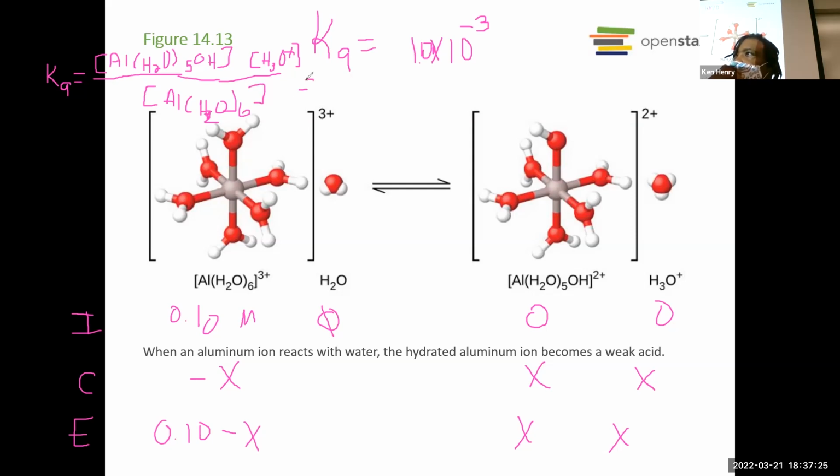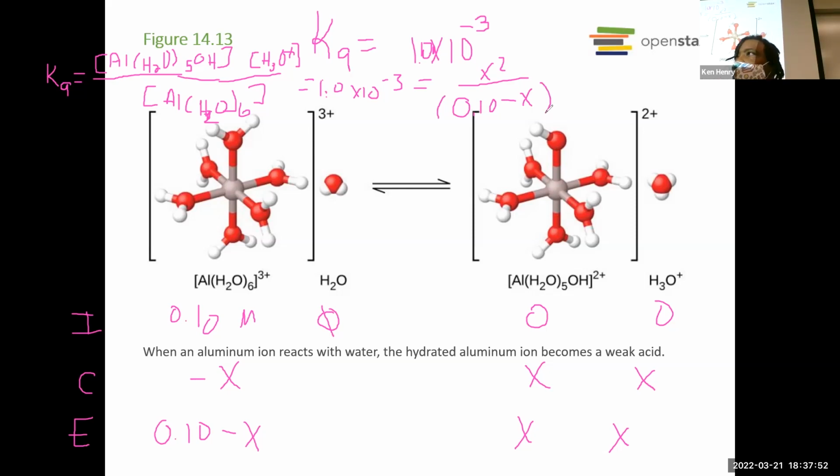Okay, so then that's going to equal 1.0 times 10 to the minus 3 is equal to x squared over 0.10 minus x. Okay.